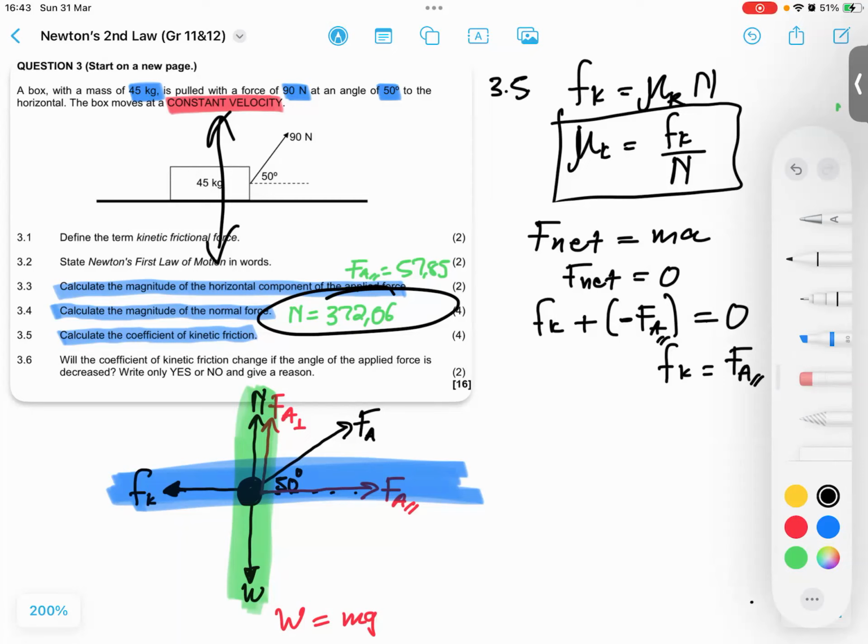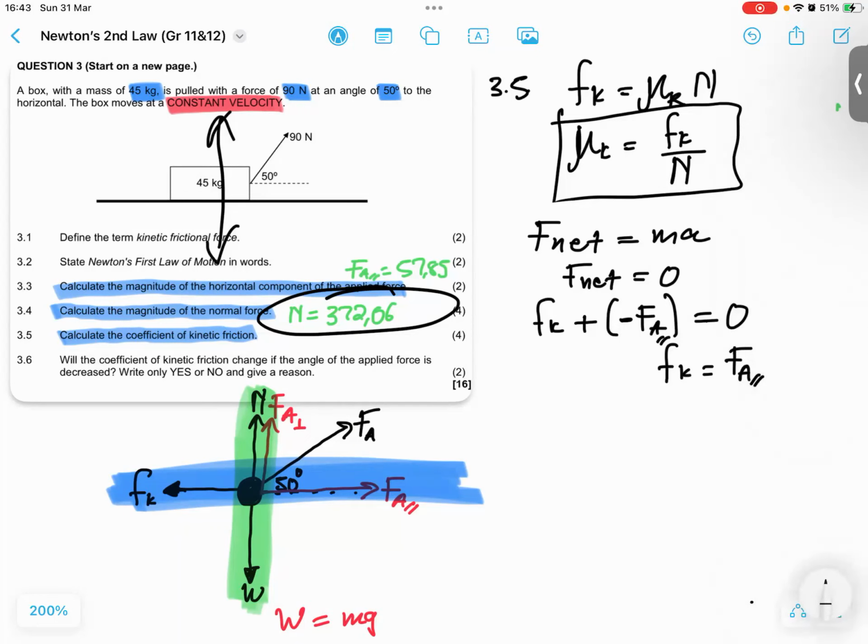So if Fk is equal to the horizontal component of the applied force, we can write that Fk is also equal to 57.85, because we got the horizontal component of the applied force to be 57.85.